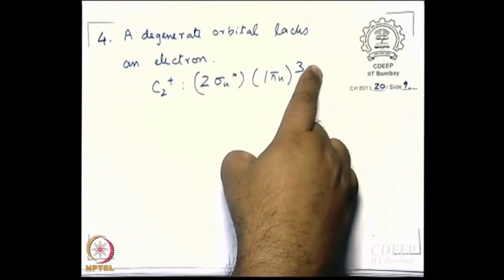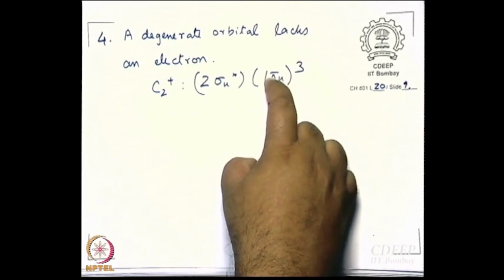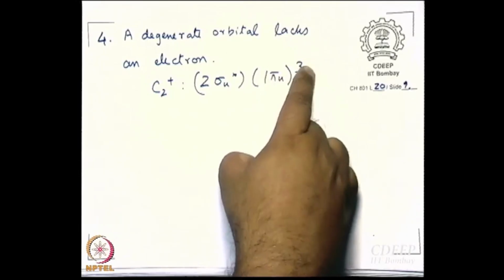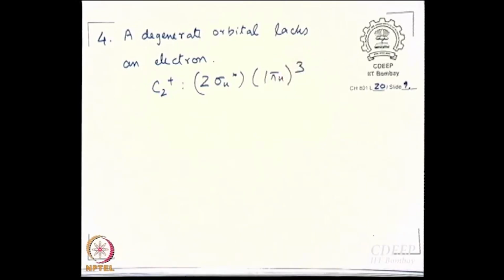So, 1 electron is missing. What will be the name? There should have been 4 electrons here, right? If it is C2, then it would have been 1 pi u 4. Instead of that, it is C2 plus, so it is 1 pi u 3. 1 electron is missing. How do we handle this situation? We use hole formalism.